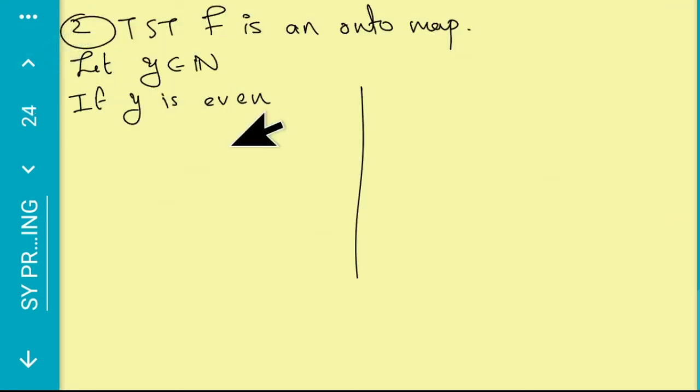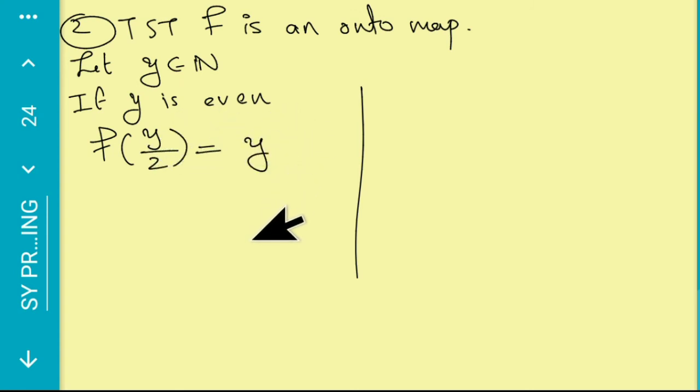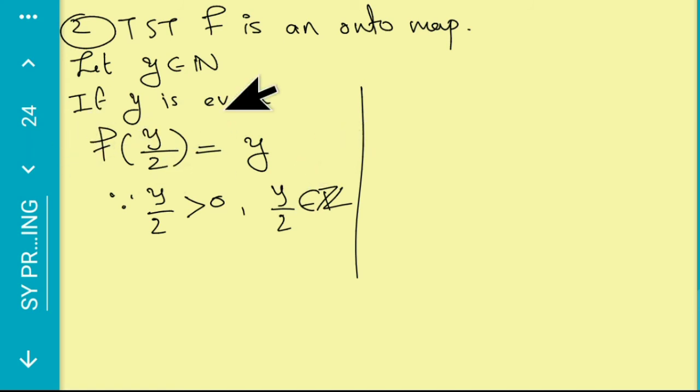Okay, so in that sense my f of y by 2 is the same as y. Correct? Is it okay? Since y is a natural number, my y is greater than 0. Also, since it is an even number, y by 2 is an integer. Now this y by 2 is a number greater than 0, and also y by 2 is an integer only, right? So is it fine? No doubt over here.